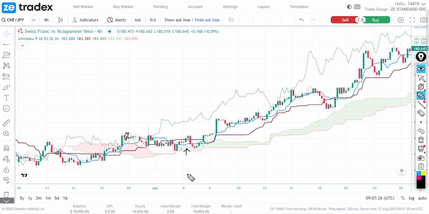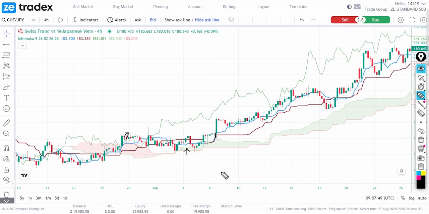The next thing that we want to see is the conversion line crossing above the baseline. Now we want to see the blue line cross above the maroon line, like here. The blue line must be above the maroon line.